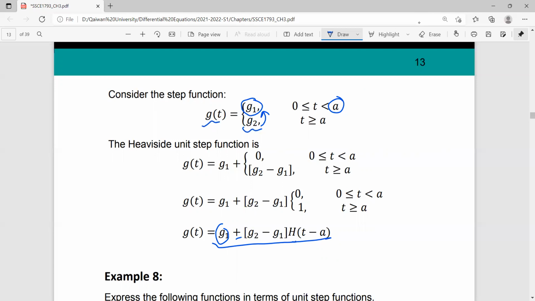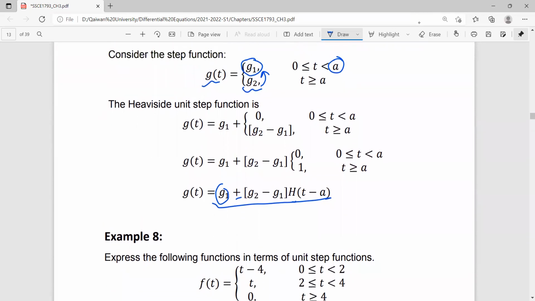If you have more than two functions in the piecewise function, let's take an example. If g of t equals g1, g2, g3, where t is less than 2 and greater than or equal to 0, then 2 less than or equal to t less than 5, and t greater than or equal to 5.